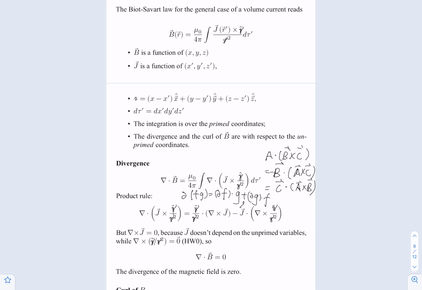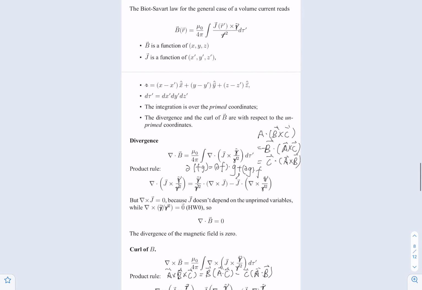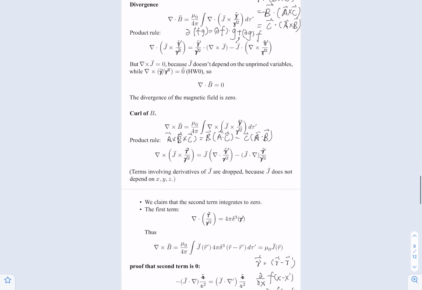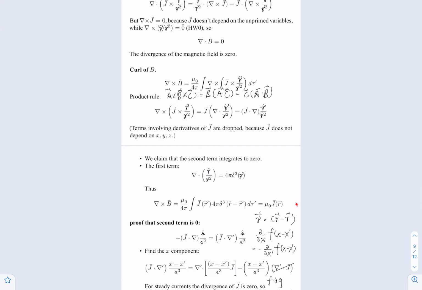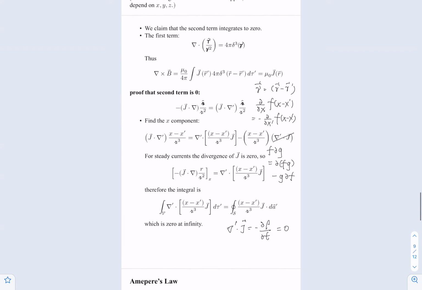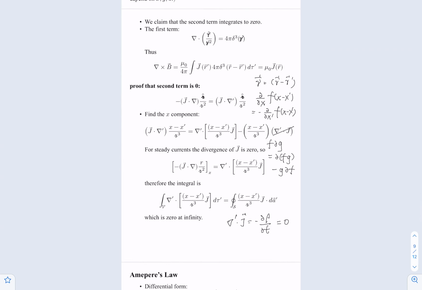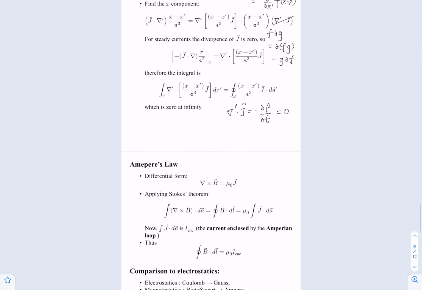So this means that we actually prove del cross B equals mu naught J everywhere. What you need to remember is simply Ampere's law.